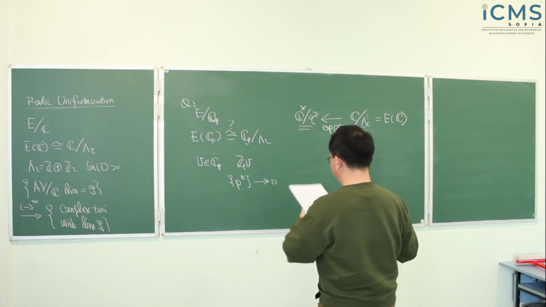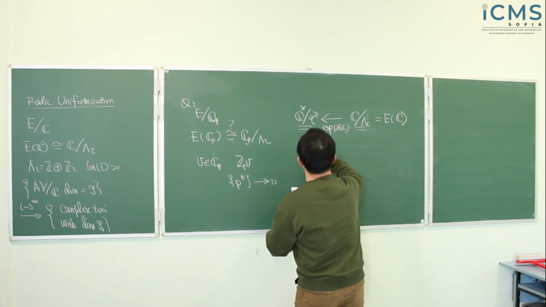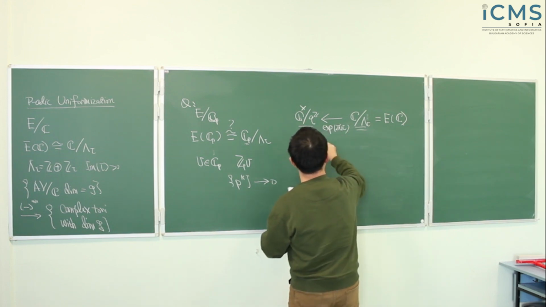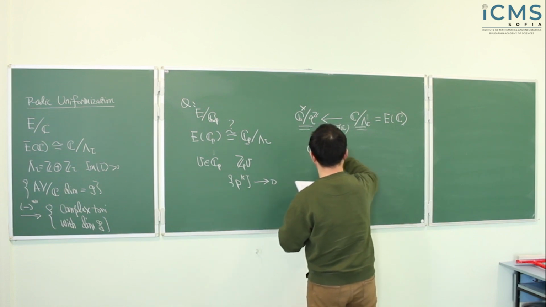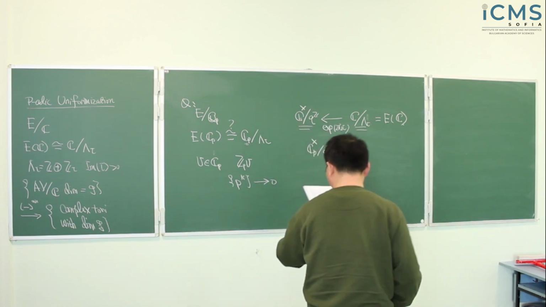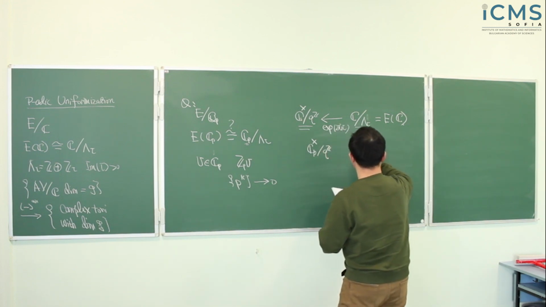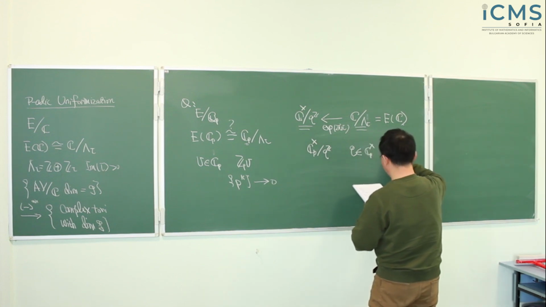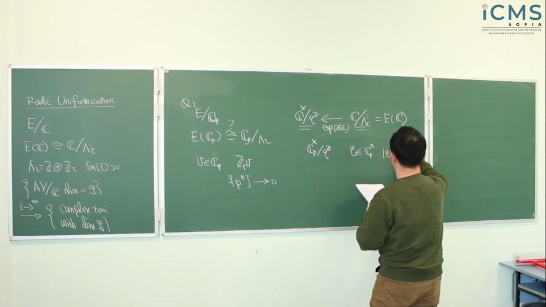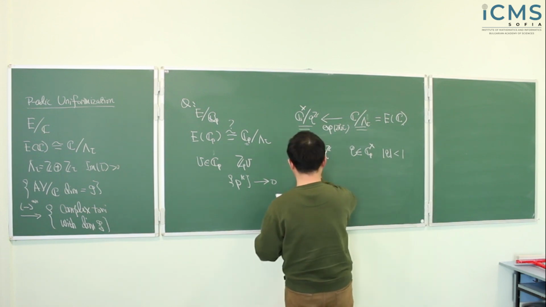That means we need C_p star modulo q to the Z, where q belongs to the units of C_p, with absolute value of q smaller than 1.